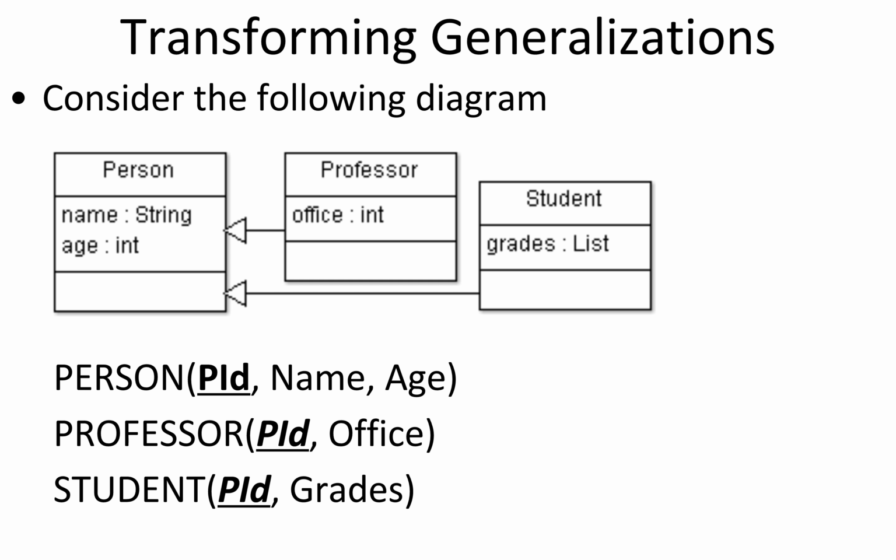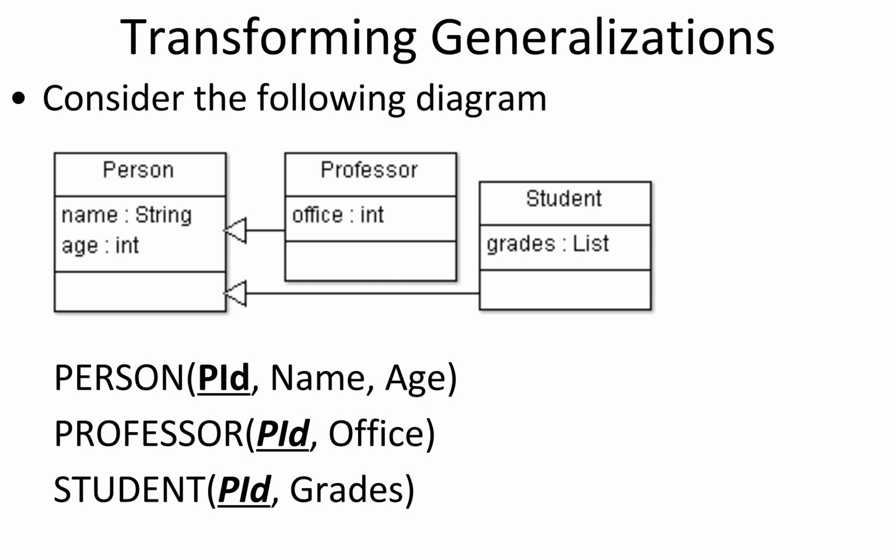So to implement generalization, the base class has a primary key, but then the derived ones, the derived tables, the derived classes, have foreign keys that are also primary keys that match the primary key of the base class, the base table. Does that make sense?